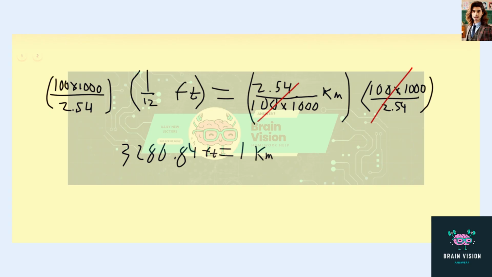And we can use scientific notation, that 10 to some n exponent multiplier, in order to rewrite feet to be in a proper amount of precision that we had at the beginning of the problem. So in this case, that's going to be 3.28 times 10 to the 3rd feet is equal to 1 kilometer. And that is our solution.